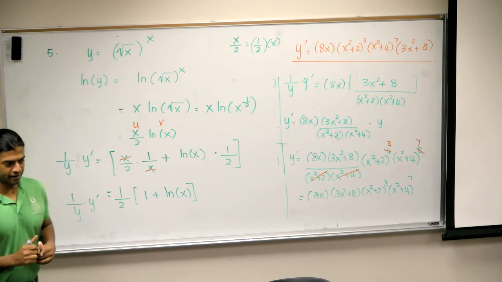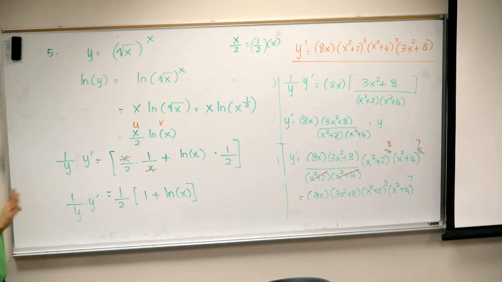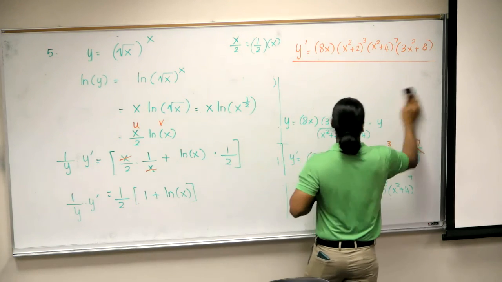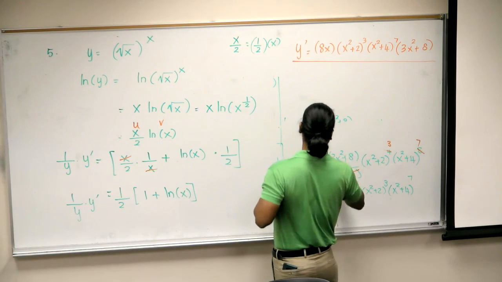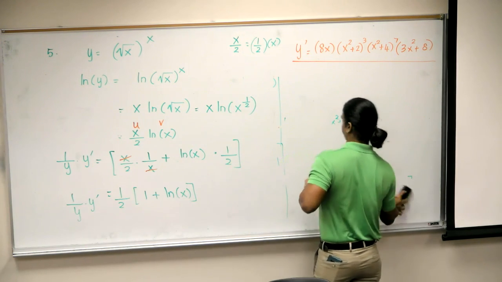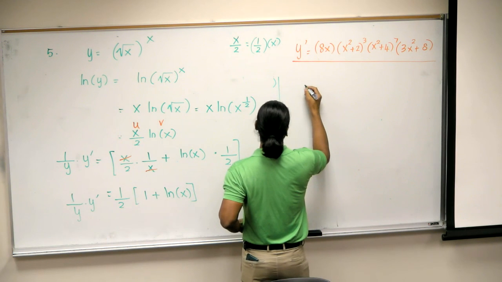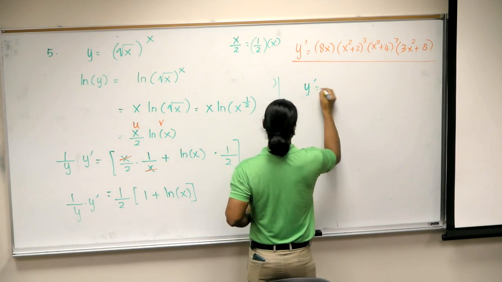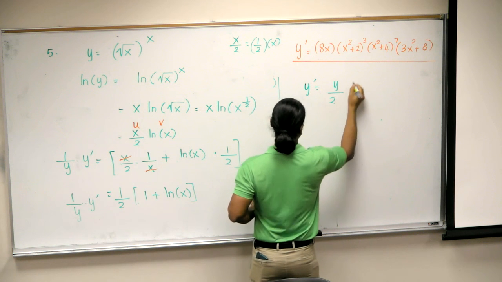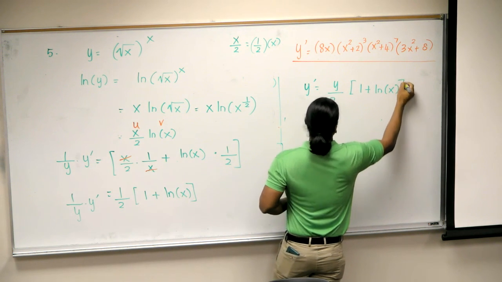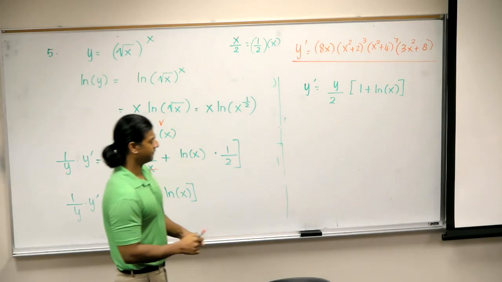On the left-hand side is 1 over y times y prime. Are we done yet? No. What should we do? Multiply by y. Here is a hint.